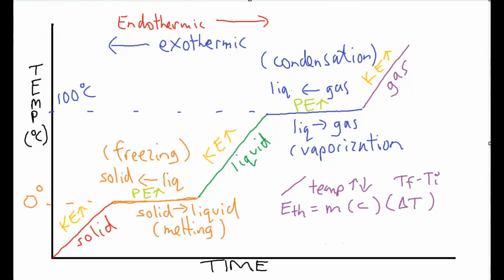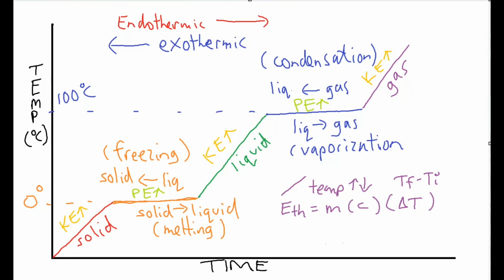Okay, so mass is just the mass of, we'll say, the water. C is the specific heat, which is a value tied in with the substance that tells you how much energy it takes to raise 1 gram of that substance by 1 degree Celsius.